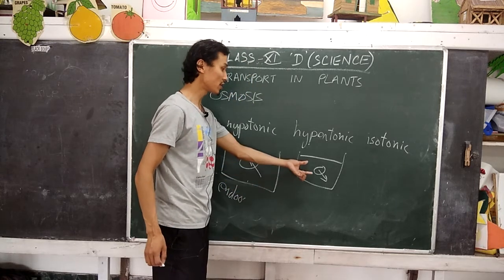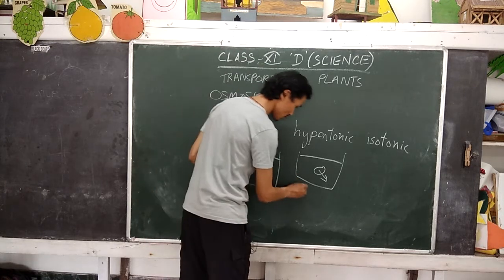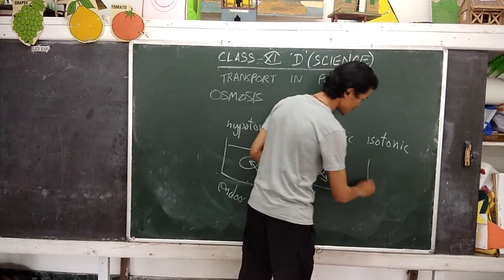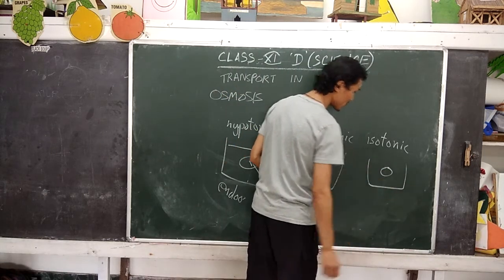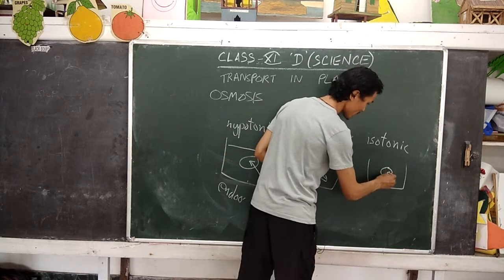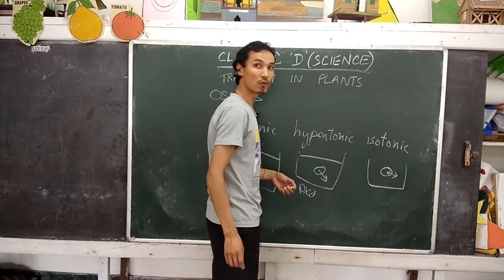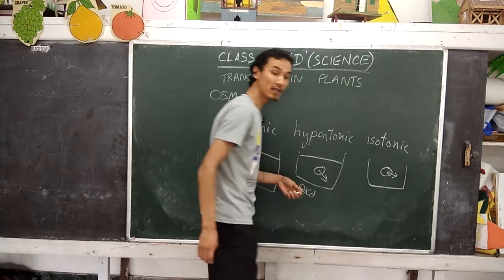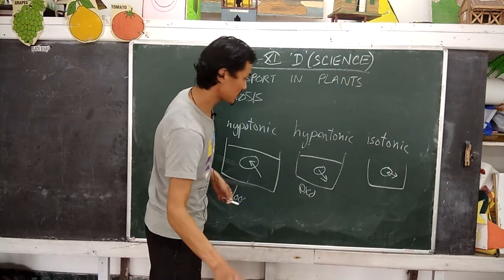That means it shrinks in size, and this process is known as exosmosis. But if I place a cell in an isotonic solution, the movement of water will be same in both directions. So the cell will neither increase or decrease in size.